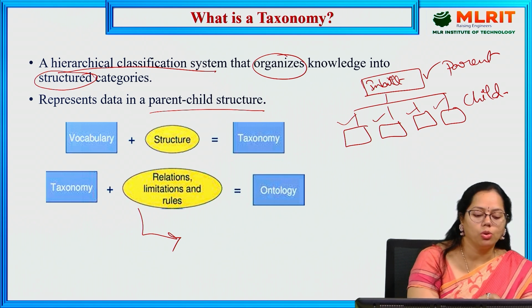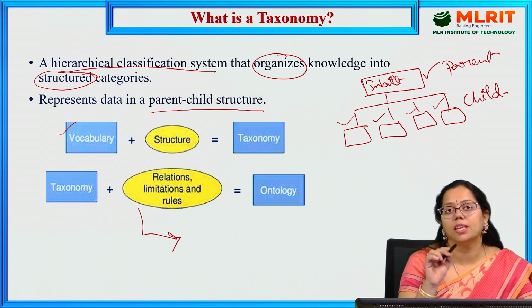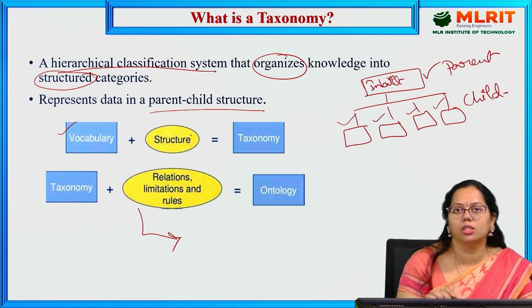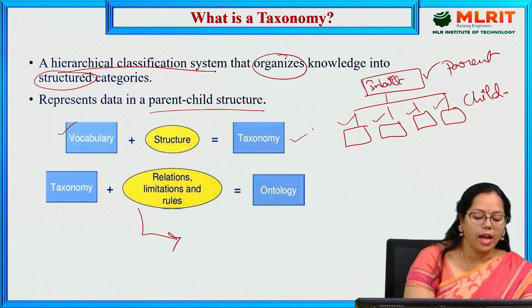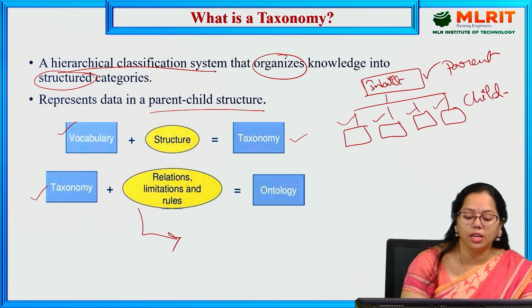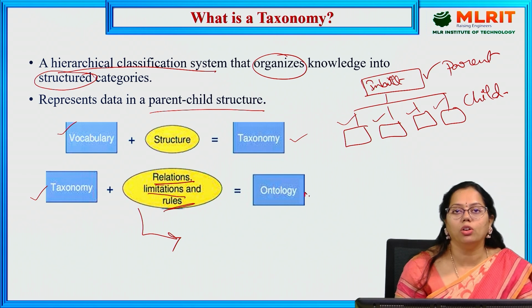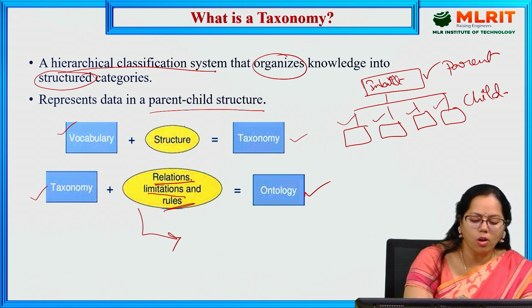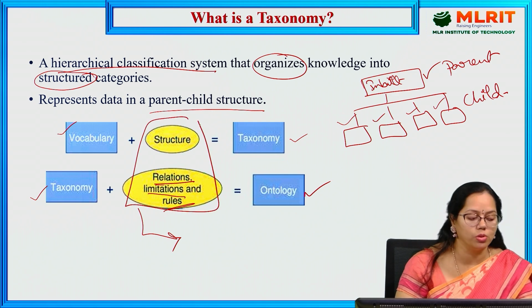In case you are taking a vocabulary which is summed up with a particular structure, you get a taxonomy. And this taxonomy, if you are summing up with relations, limitations and rules, you get an ontology. Now, what are this structure, relations, limitations and rules?